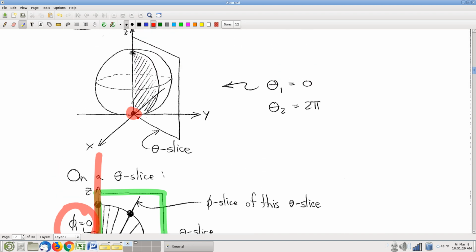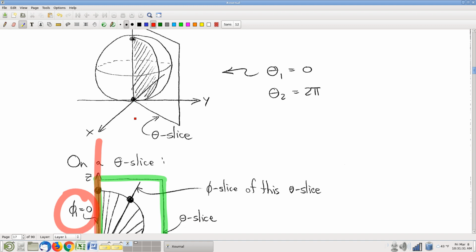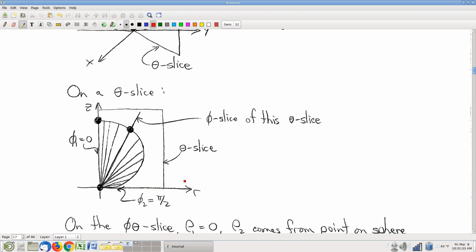That allows me to segue into my next point, which is a really common mistake that students do make sometimes, and that is to look at the theta slice. Here it is. And to say, oh, right, I'm going to measure angles off of the z-axis. And, oh, look, it's a disk. I like going from the center of the disk. Look at this. We go all the way around, 0 to pi. Very tempting.